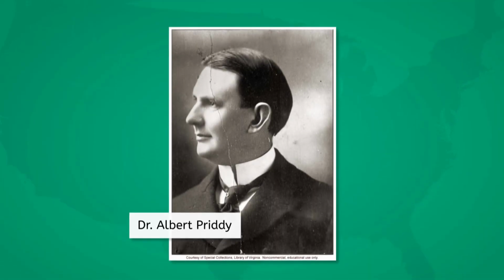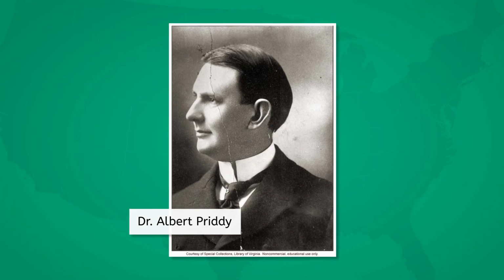As you know, during the late 19th and early 20th centuries, supporters of eugenics wanted to prevent so-called inferior people from immigrating. Some, like Dr. Albert Priddy, wanted to prevent individuals with mental deficiencies from having children.